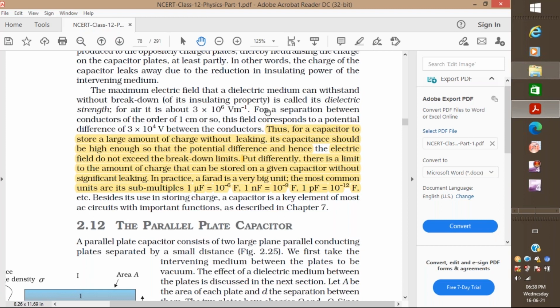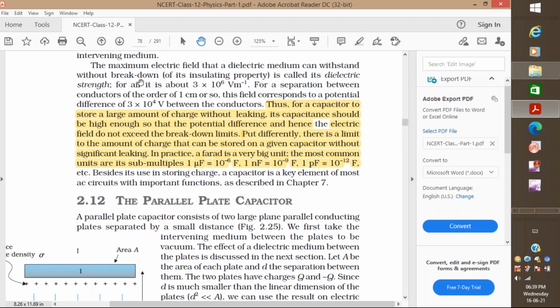So they no longer stay as a perfect dielectric. That phenomenon is called dielectric breakdown, the breakdown of insulating property. Because of that, the capacitor will be losing its charge. That is called leaking of charge.